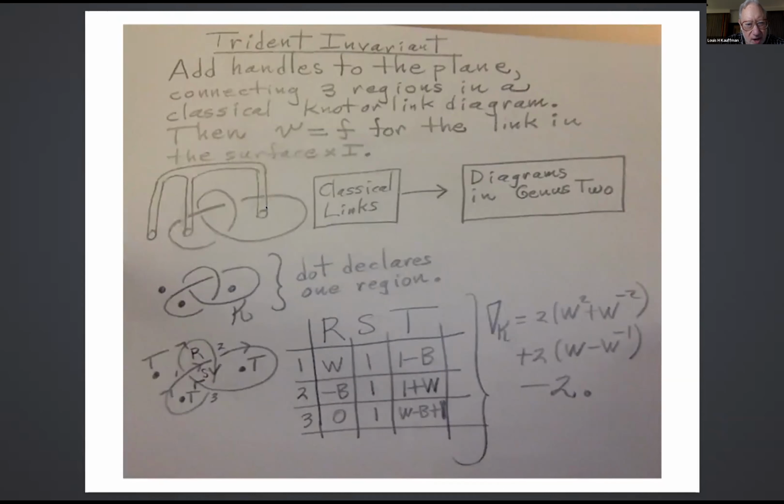And there are no starred regions exactly. It's just that you have forced the number of faces to be equal to the number of vertices. And you can take the permanent and find that you got an invariant of this knot, which is now in a thickened surface of genus 2.